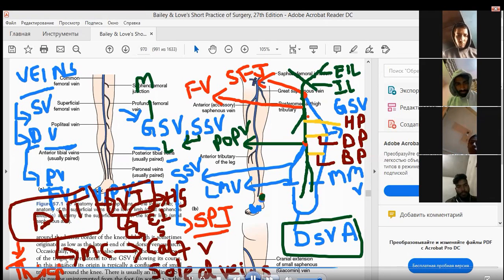So if DVT is occurring in the thigh veins, that is your femoral veins and popliteal veins, please remember it results in pulmonary embolism.